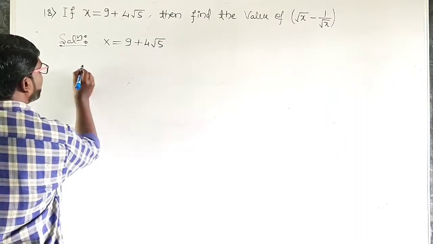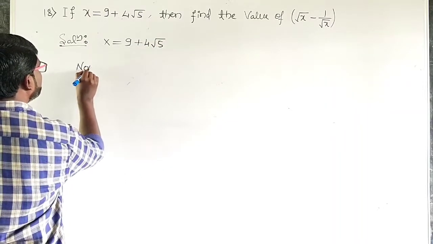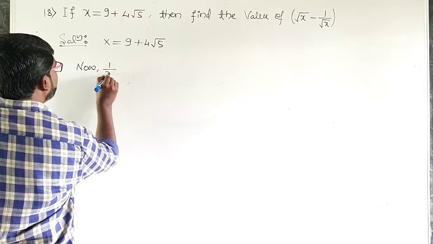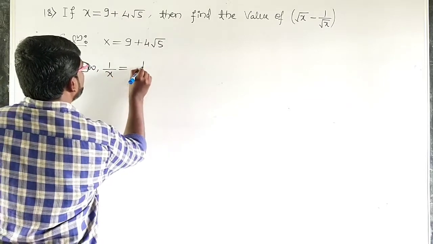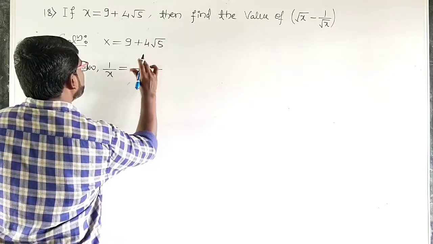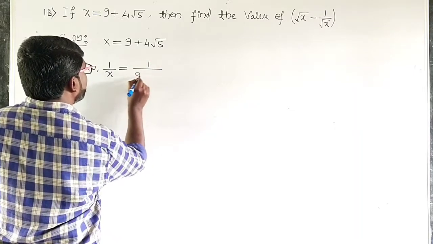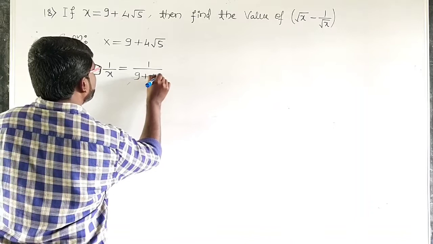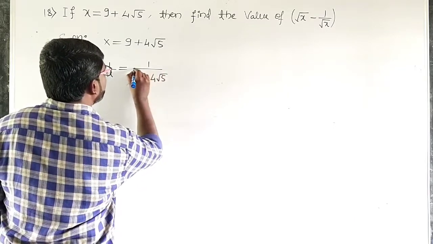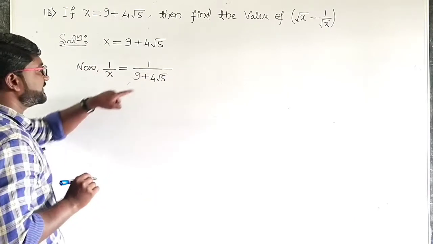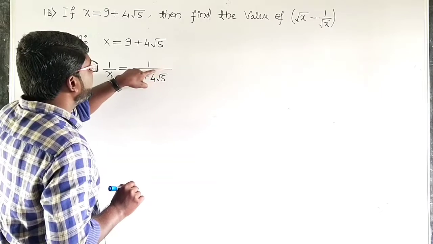Now I will go for 1 by x. Now 1 by x is equal to 1 divided by 9 plus 4 times root 5. Then in the next step we have to rationalize the denominator.